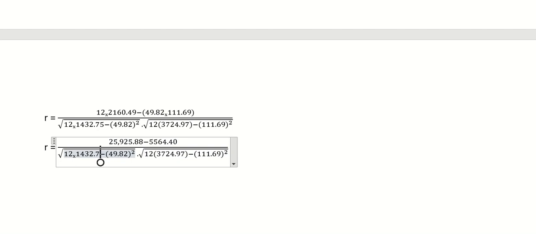And similarly we'll solve the denominator. So here it is 17193 minus, now we will square it. So this becomes 2482.03, and here 12 multiplied by 3724.92 becomes 44,699.64, right?